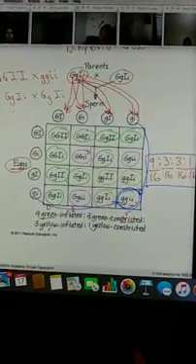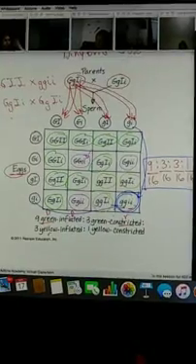What you want to make sure you understand is that, under normal Mendelian genetics, you should have a 9 to 3 to 3 to 1 ratio in a dihybrid cross. Definitely know that.